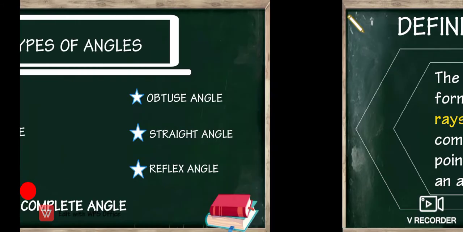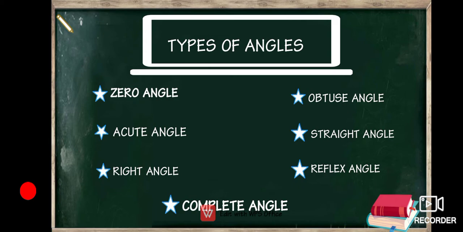Now we can move on to the types of angles. There are 7 types of angles. In your book you have only 3 types of angle, but today we are going to learn something extra new. I hope you are all eager to learn something new. So we can start our class.